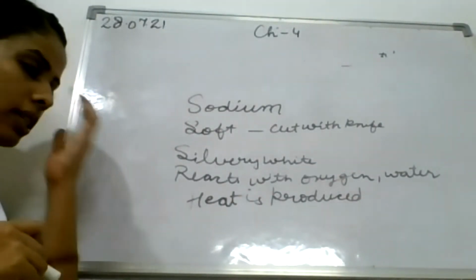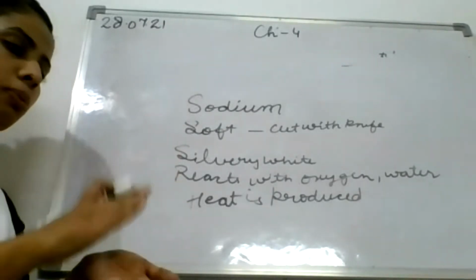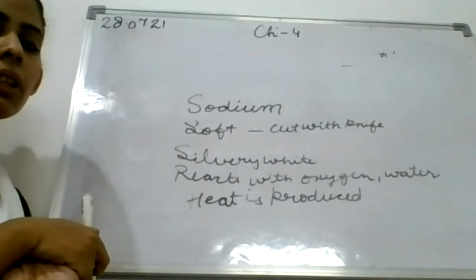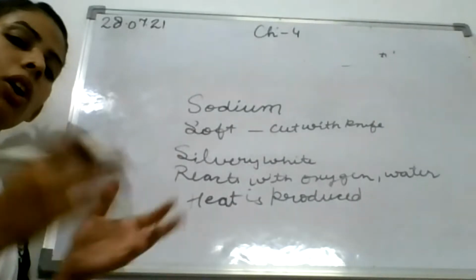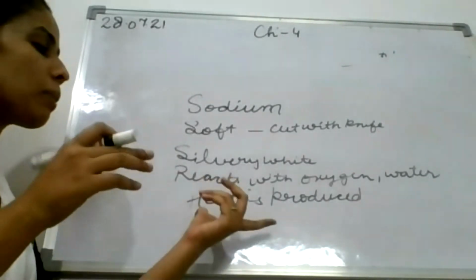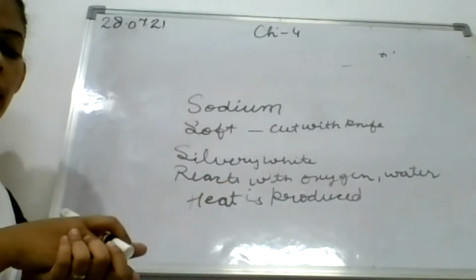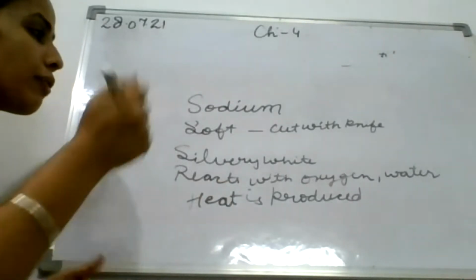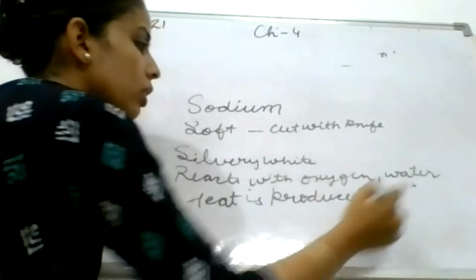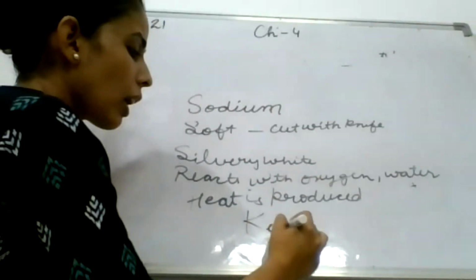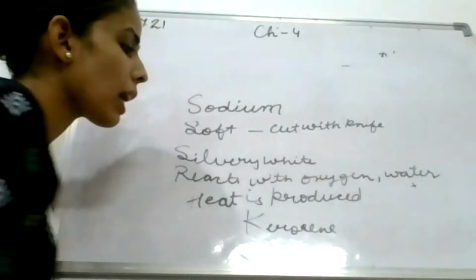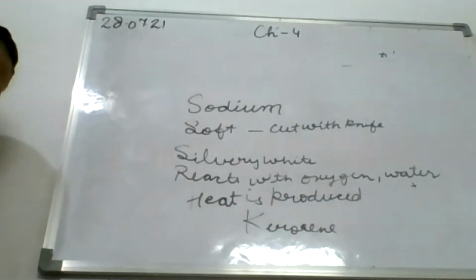Clear? If we take even a little sodium, cut it and put it in water, then what will happen? The reaction takes place, and fire is also produced, and a lot of heat is produced. Clear? Therefore, it is not stored in water. It is stored in kerosene. We store it in kerosene.